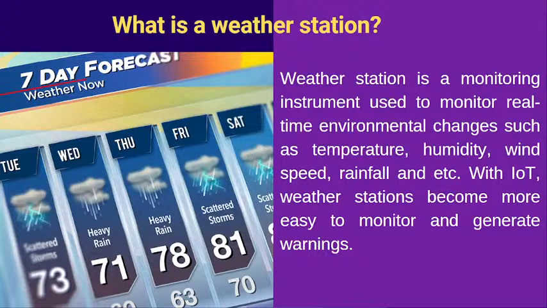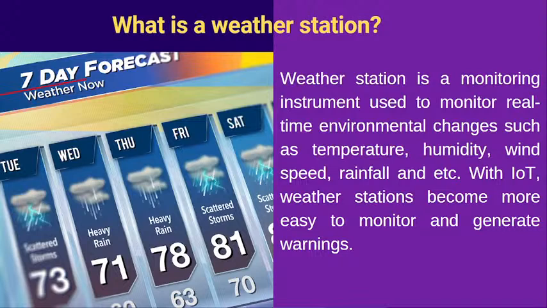Though the weather station is somewhere else and we are somewhere else, there is no restriction because of IoT. We can watch the weather parameters and guess the weather condition. So it is a simple instrument that can be used to monitor weather-related or environmental changes, and that instrument we call the weather station.